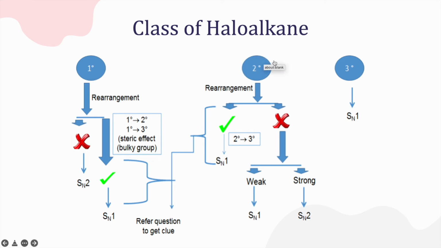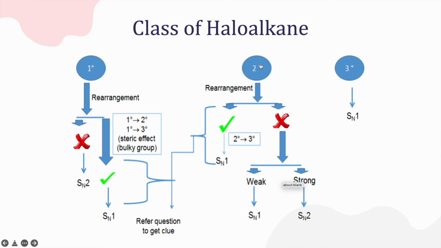But if that secondary haloalkane cannot do the rearrangement, we look at the nucleophile. It reacts with which nucleophile? If the secondary haloalkane reacts with weak nucleophile, then it prefers SN1.